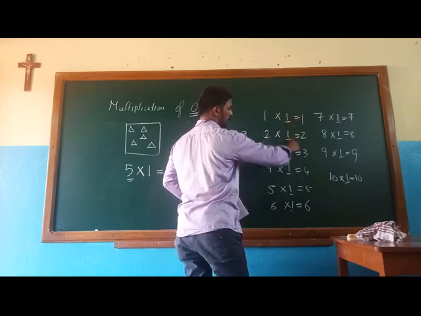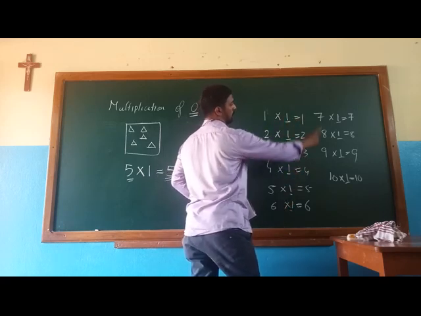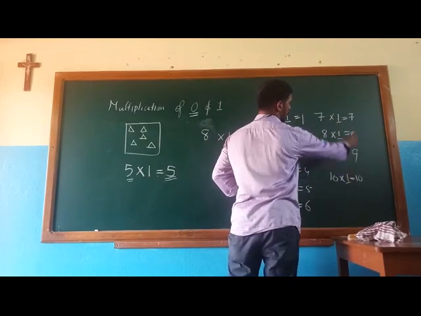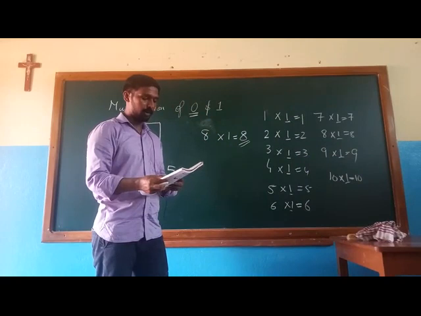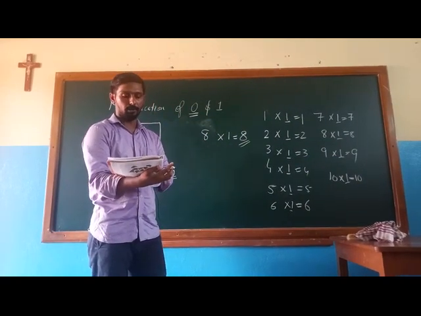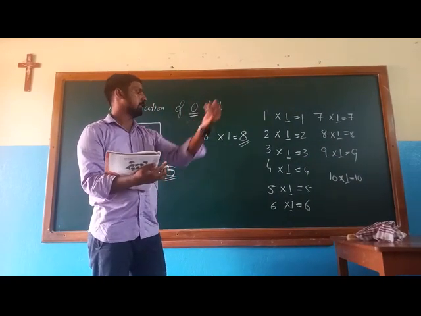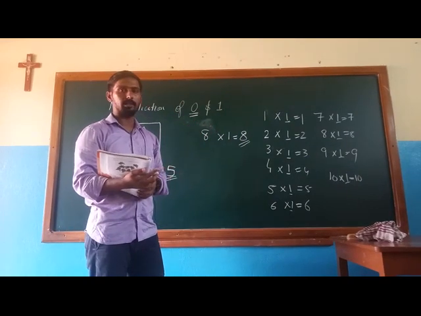So if you multiply any number with 1, you will get the same number as the answer. I hope that is clear for you. We will do some exercises related to it.